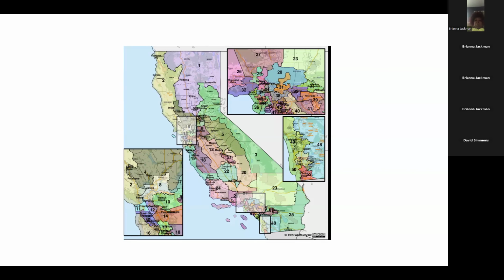So, in terms of what the criteria are that are supposed to be used to draw the lines, there really aren't that many neutral, principled criteria. The one criterion that must absolutely be followed legally is the one person, one vote rule, which is each district must be equipopulous, right?